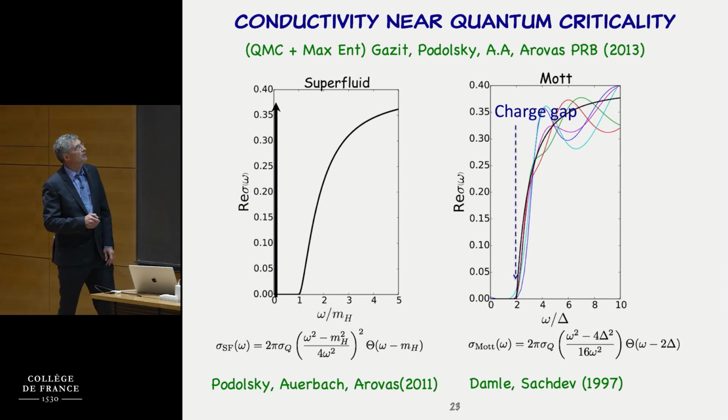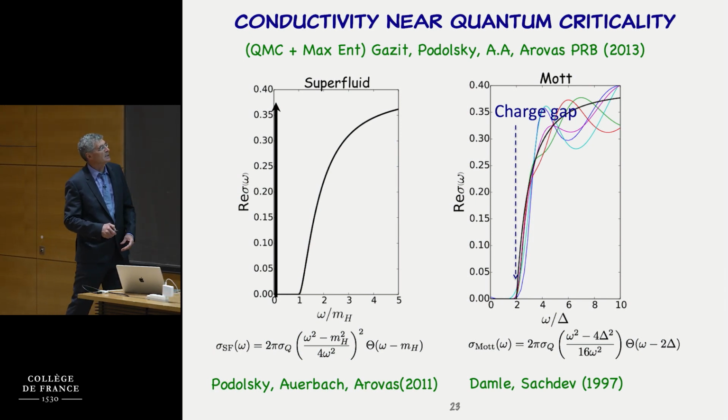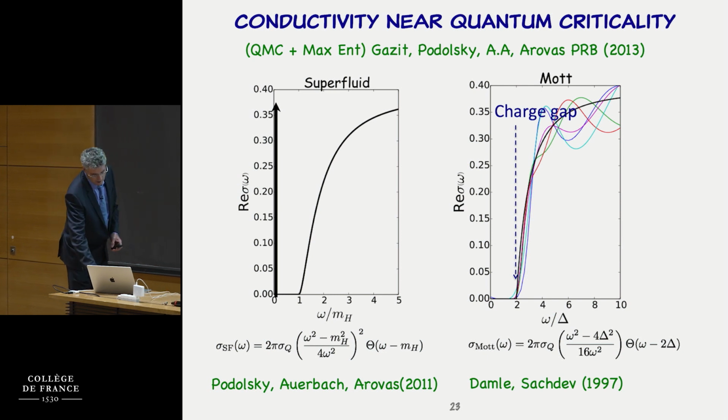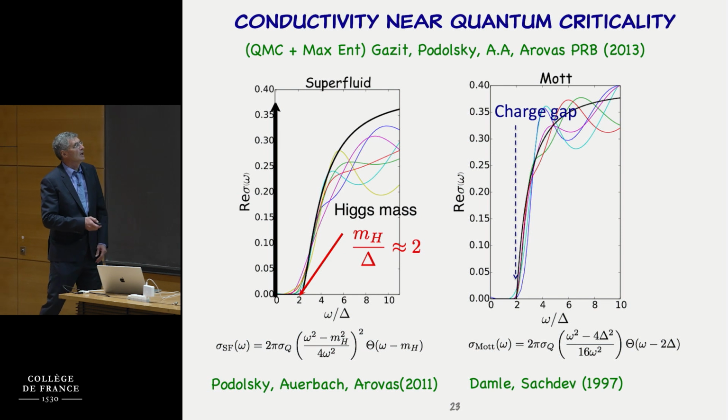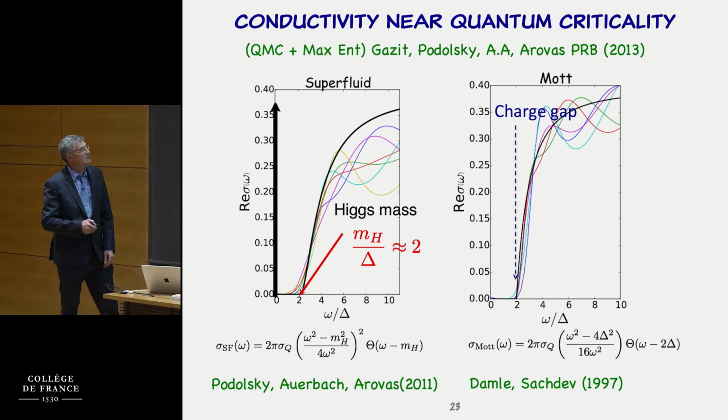But in the superfluid, this analytic behavior I showed you before was nicely confirmed with Monte Carlo to scale with the size of the Higgs. Okay, so there's a delta here, and there's a Higgs mass, and they scale nicely together. In other words, if I take the mass to 0 and delta to 0, I'll keep this shape.